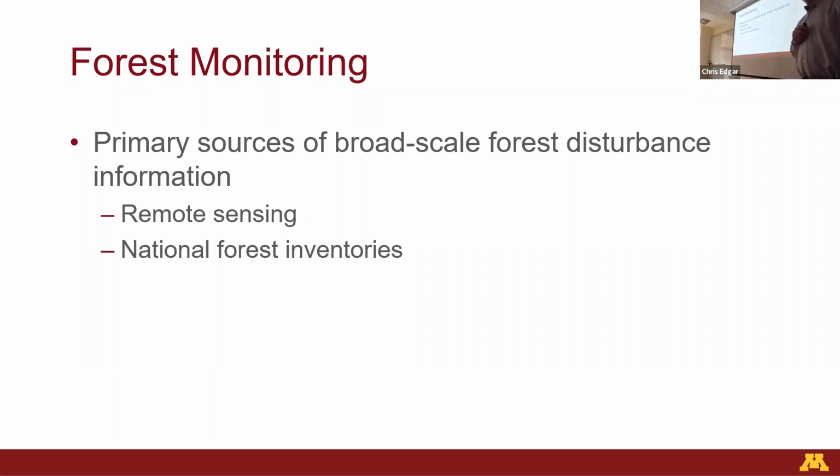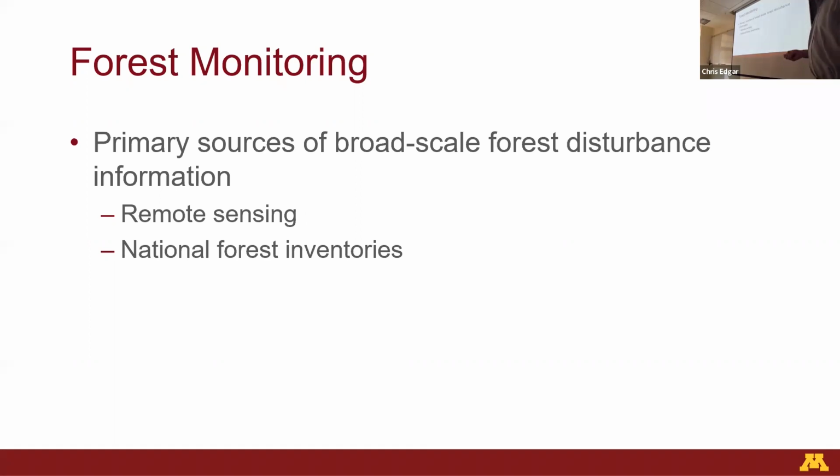But another very important data set is the National Forest Inventory. In particular here in the United States, the National Forest Inventory is administered by the Forest Inventory Analysis Program, which is the program that I'm doing most of my research focus on. So it seemed like a good thing to jump into, given everything that's been going on in the US in terms of disturbances that we hear so much about.